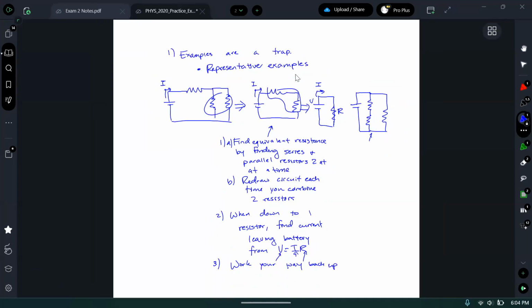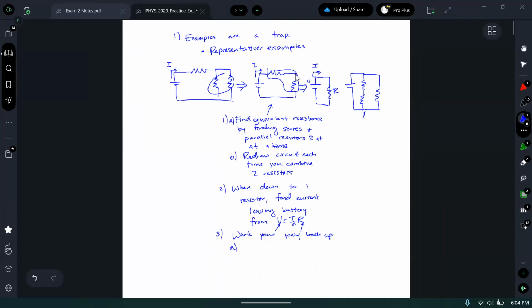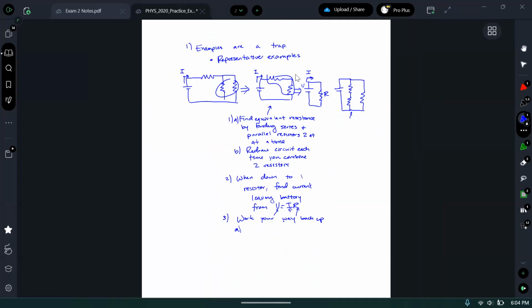From there, specifically what you want to do: series have the same current. Parallel have the same voltage.